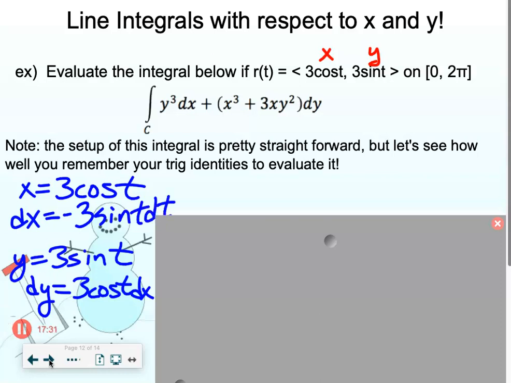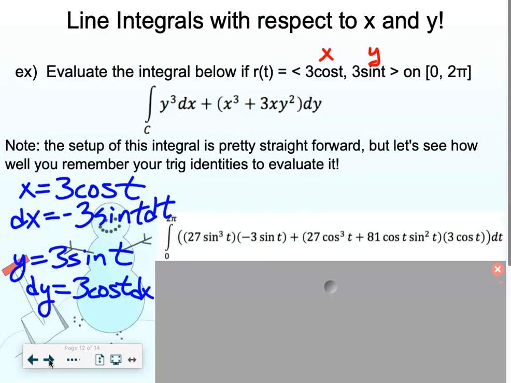I had this all worked out in this nice way where I could show you how everything cleans up and cancels. So anyway, my x is 3 cosine t. My dx is negative 3 sine t dt. So I'm taking that right here and plugging that in for my dx, and then my dy, that's just converted, is my 3 cosine t, but there's a simple reason why it's not dx, it's dt, there we go.